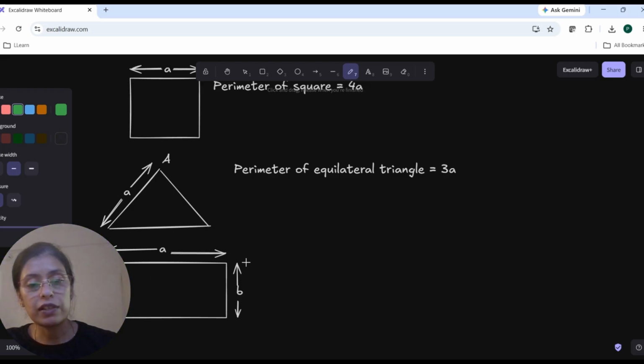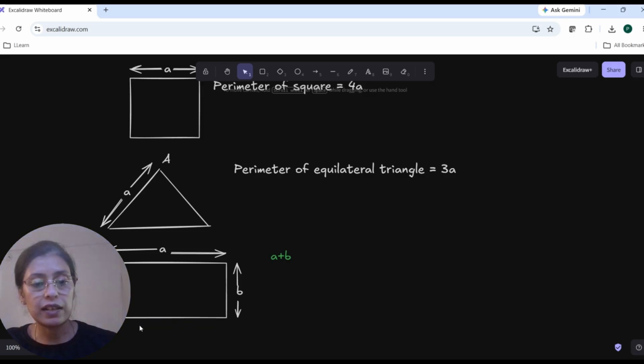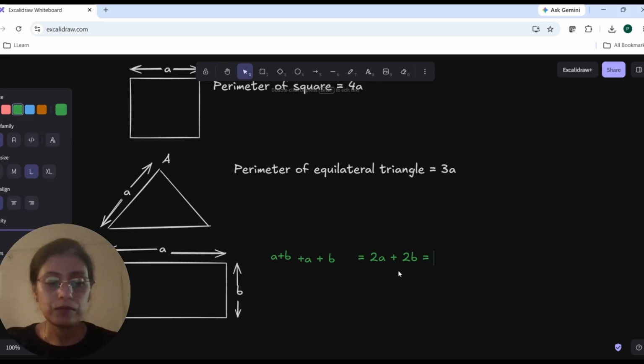First, I'll travel A, then I take a turn, I'll travel the distance B, then again I'll take a turn, and travel again A. Then I take a turn here and travel again the distance B. So ultimately, I'm traveling 2 times A plus 2 times B. That makes it 2 times (A plus B).